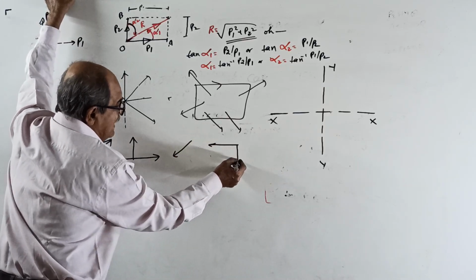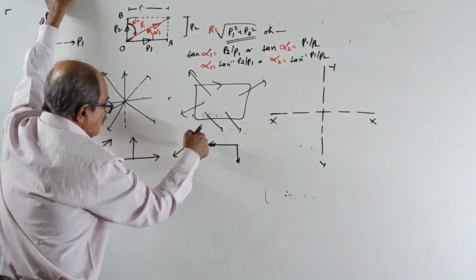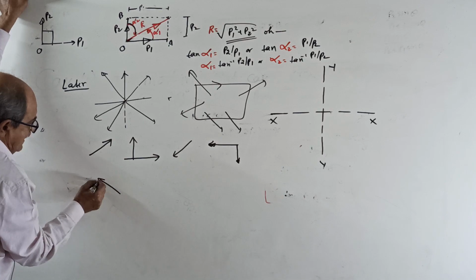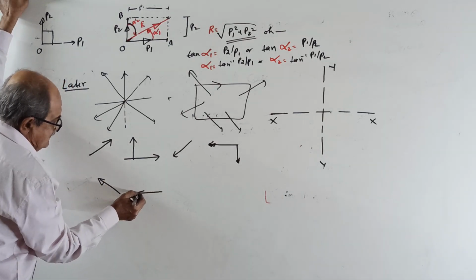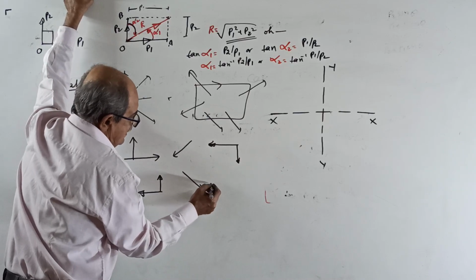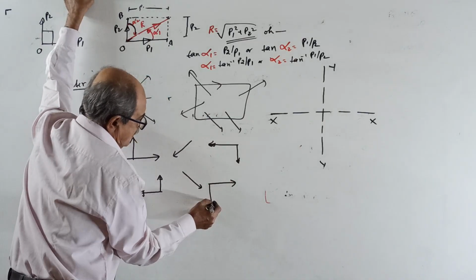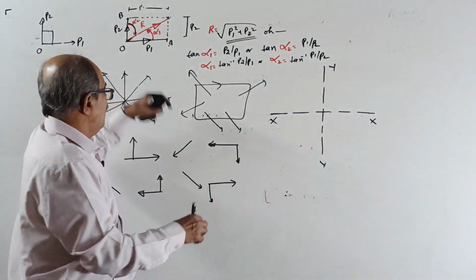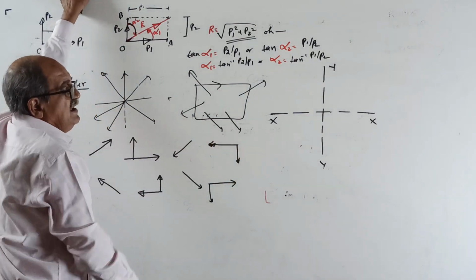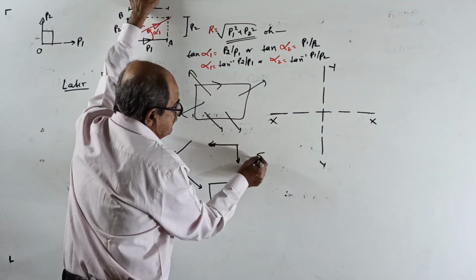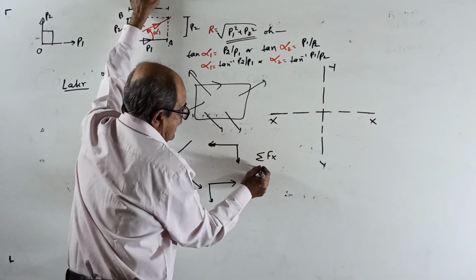This all I will explain later, don't worry. I will tell you why it came this side later. Or if the inclined force is this way, one component will be like this, the other component is like this. Then finally, we sum up the components in the x and y directions and get two terms called sigma fx and sigma fy.